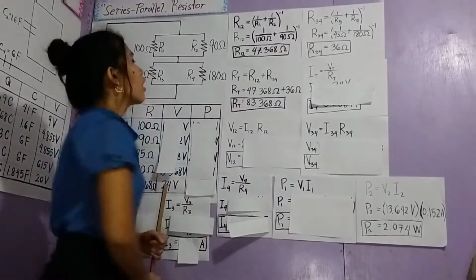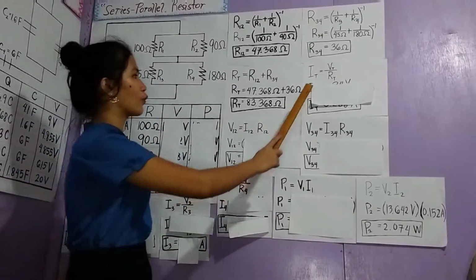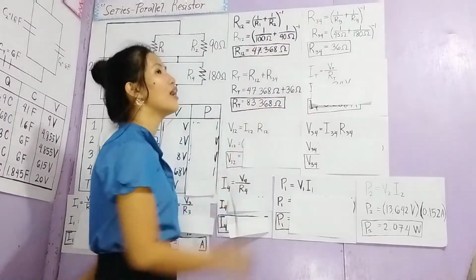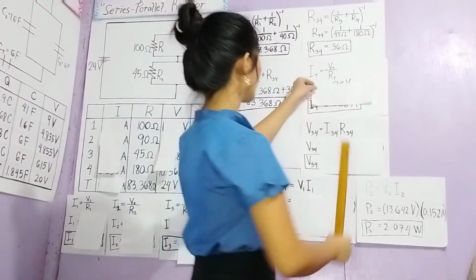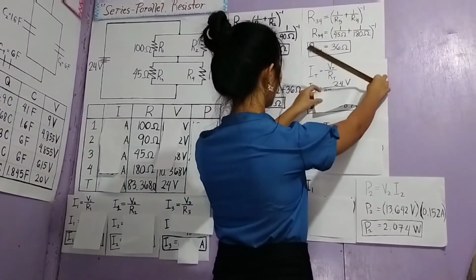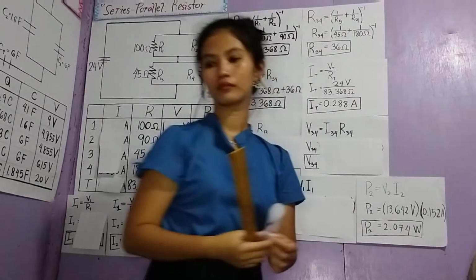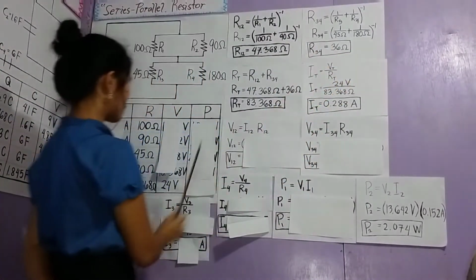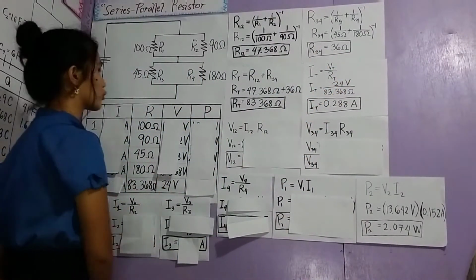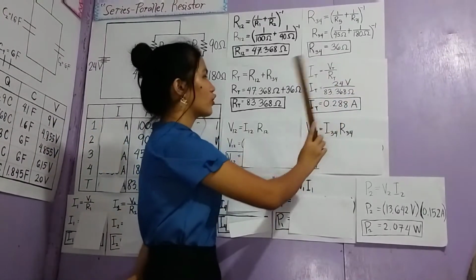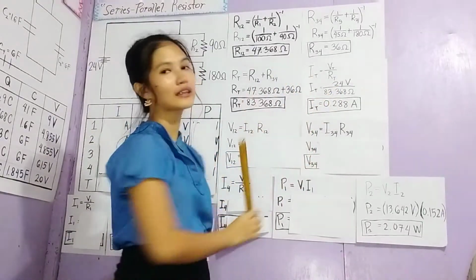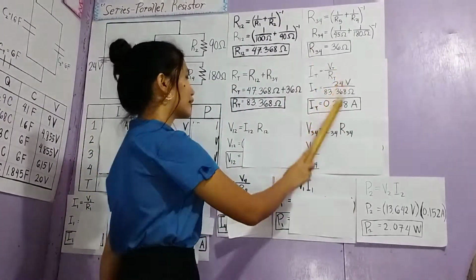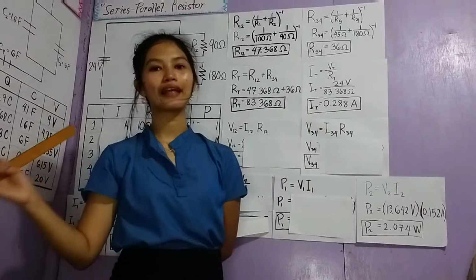Next, we are going to find for our I total. Using the formula, we have I total is equals to V total over R total, and put down their given value. We have 24V, because our total voltage is 24V, over 83.368 ohms, and using the calculator, we'll be able to get an answer of 0.288 amp.